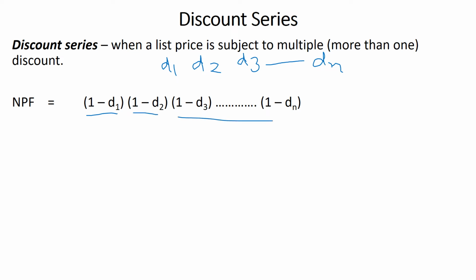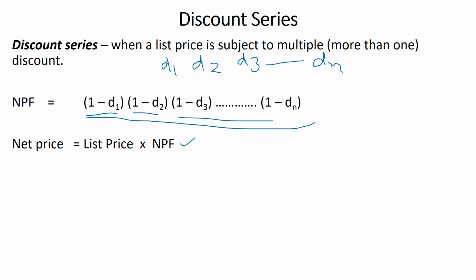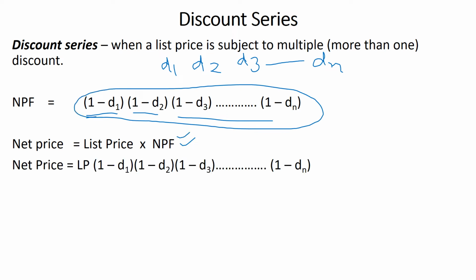This is the net price factor, and then we calculate the net price, which is list price times NPF. So this is the formula to calculate net price when we are getting multiple discounts.